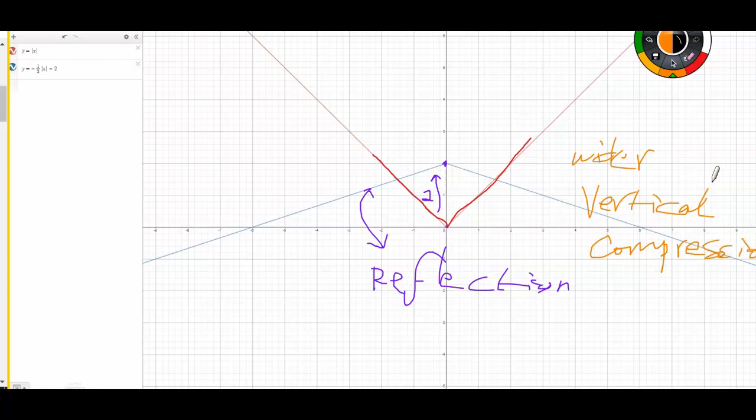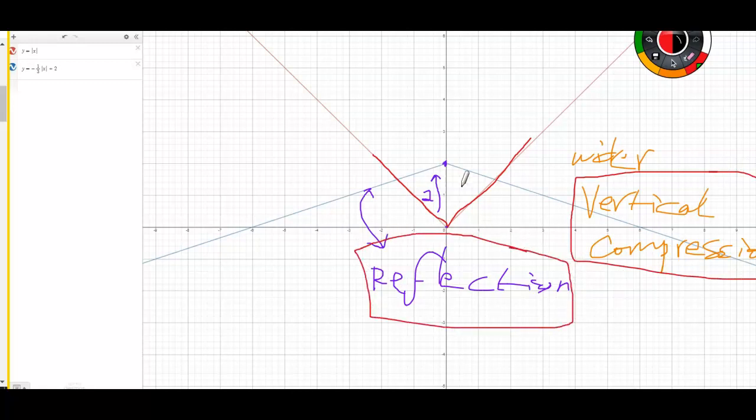So these are the three parts of the answer, three transformations: vertical compression, reflection, and going up 2 units. Okay. Reflection, the negative sign tells you reflection. The fraction number tells you compression, and adding a number outside tells you going up.